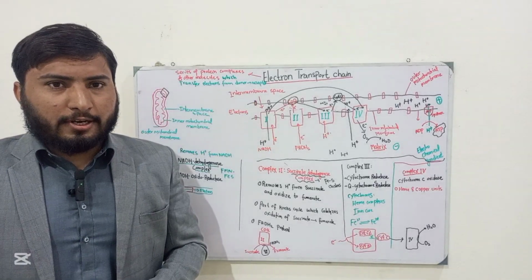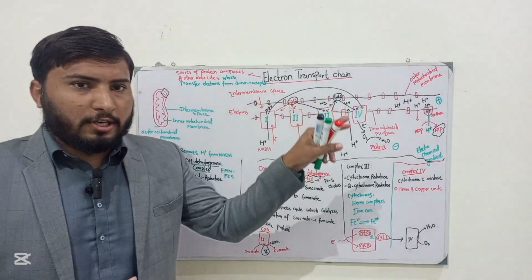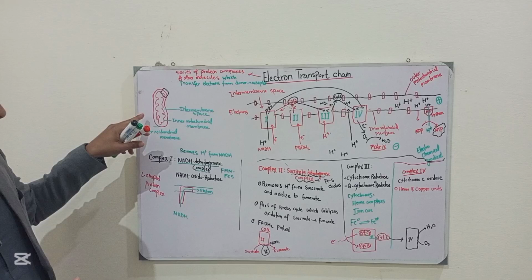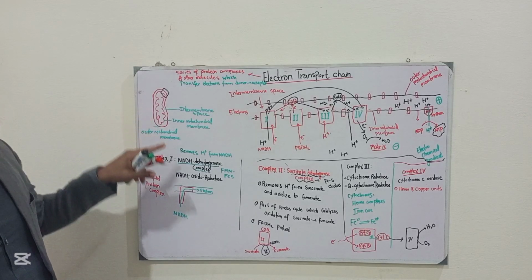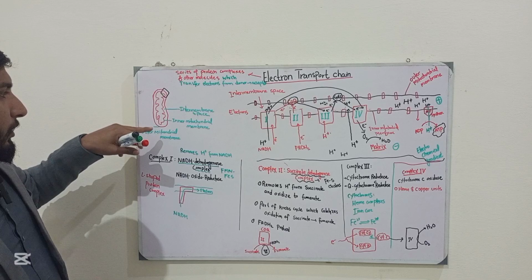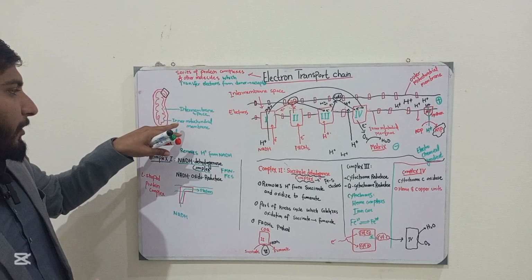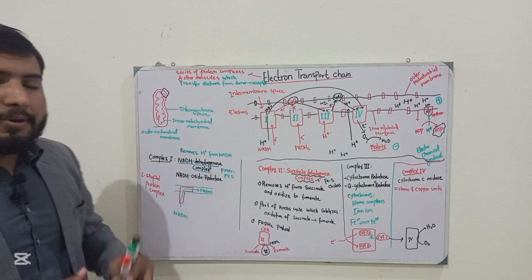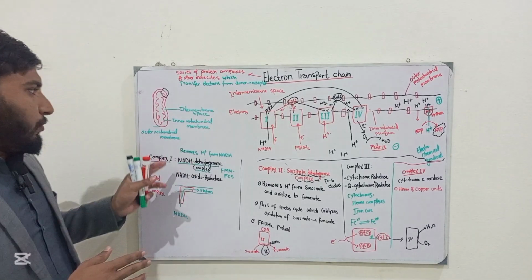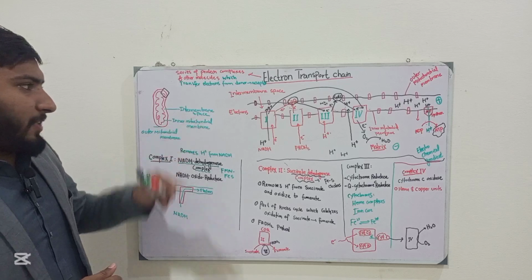electron acceptor. Before discussing electron transport chain, first of all, let's discuss the structure of the mitochondria. Mitochondrial structure consists of two membranes, the outer membrane and the inner mitochondrial membrane. There is a space between these two mitochondrial membranes that is called the intermembrane space.